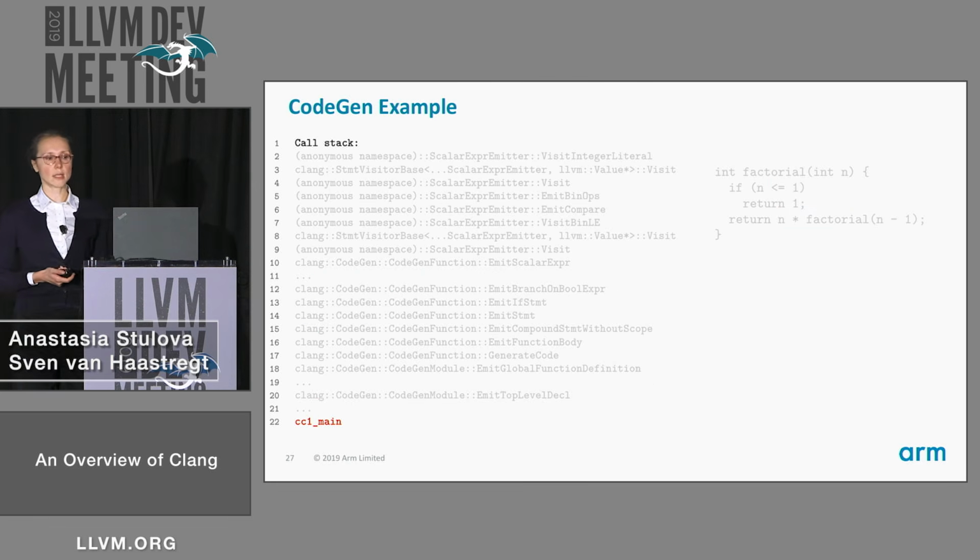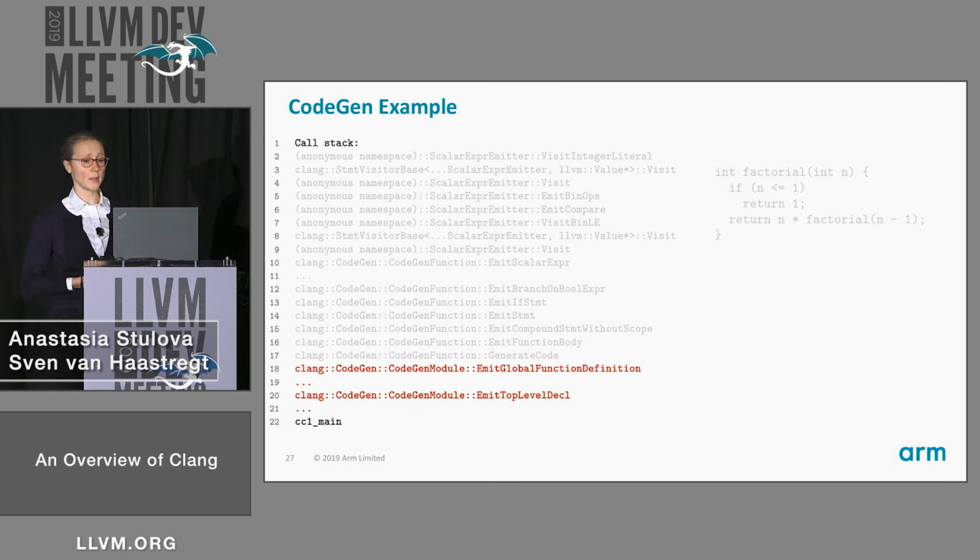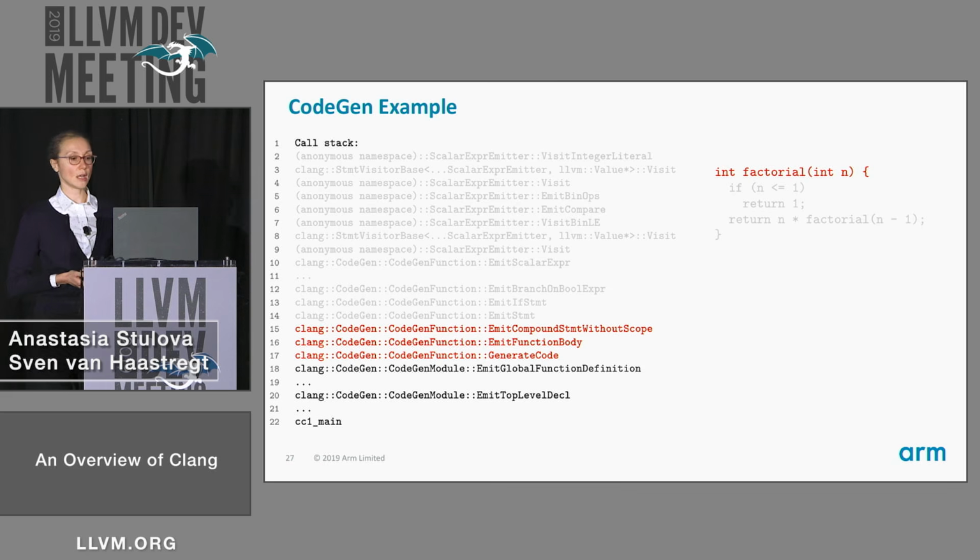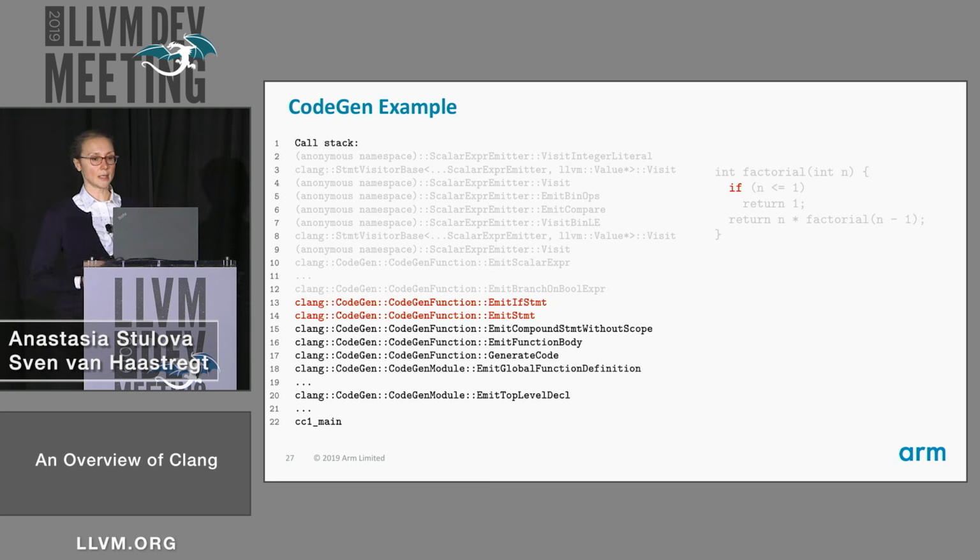Let's come back to our example and see how CodeGen works. So we start from EmitTopLevelDecl, and the first thing we are emitting here is a global function definition. These two methods here actually belong to CodeGenModule, but then CodeGenModule hands over to CodeGenFunction because we are generating a function definition. So we will start emitting the function body and compound statement.